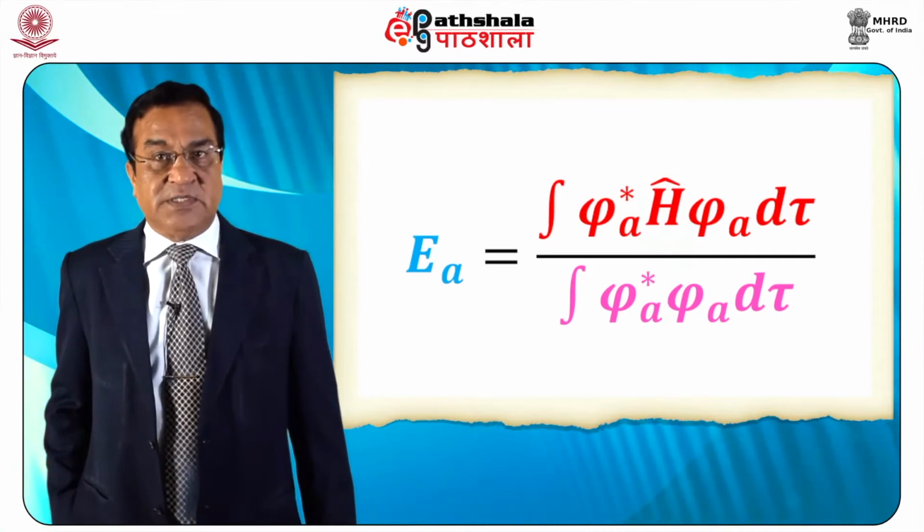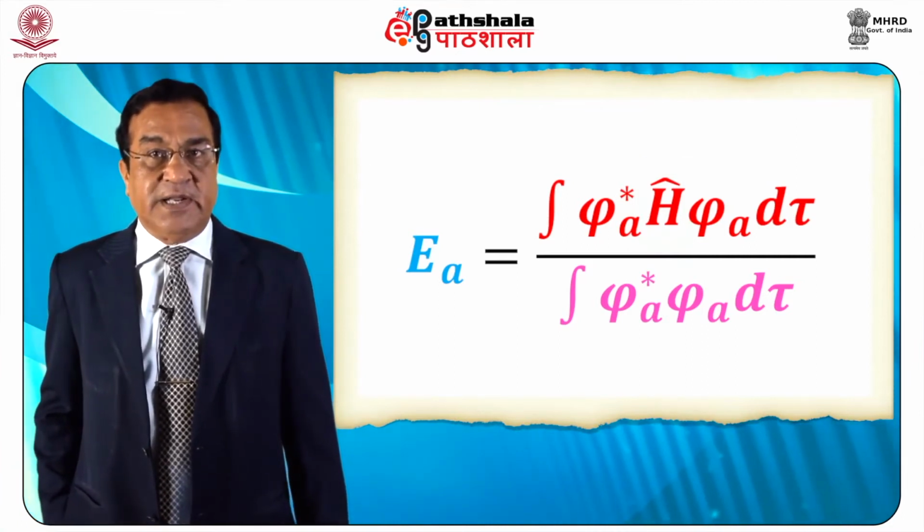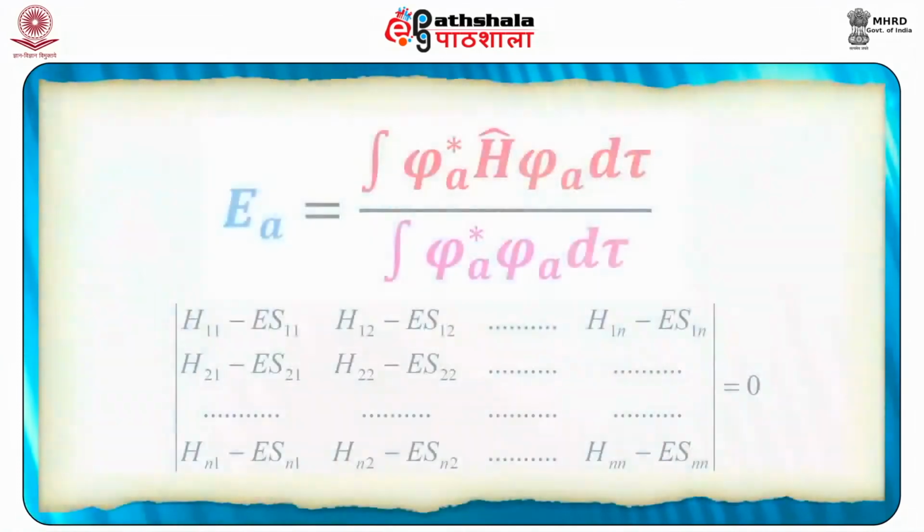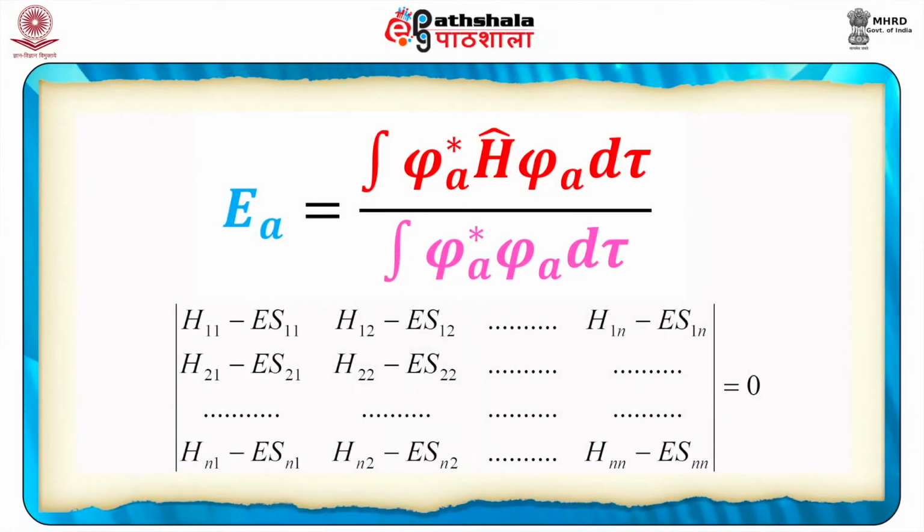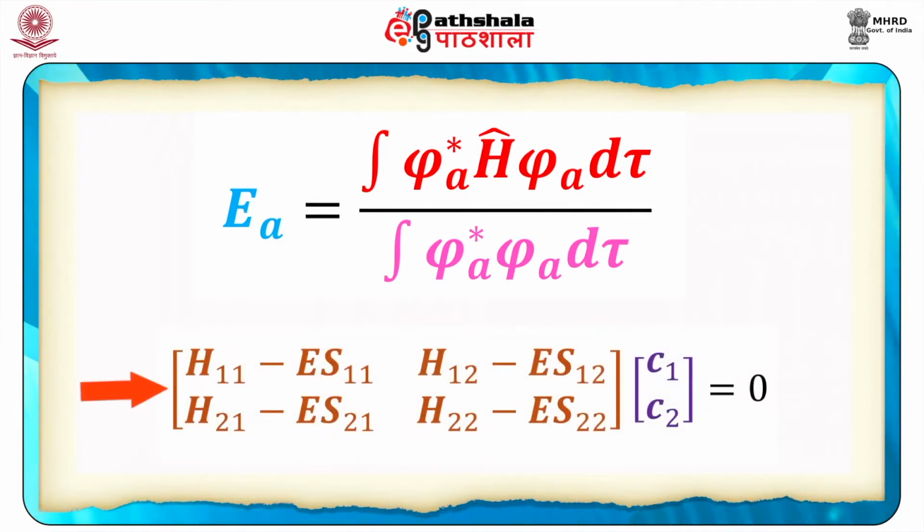So when this equation is solved, ultimately, as you know, we get a secular determinant whose general form is as follows. This general form will vary from system to system, and if there is a 2 pi electron problem, then this form reduces to H11 minus E S11, then we have H21 minus E S21, and then we have H22 minus E S22, times C1, C2 equals 0.